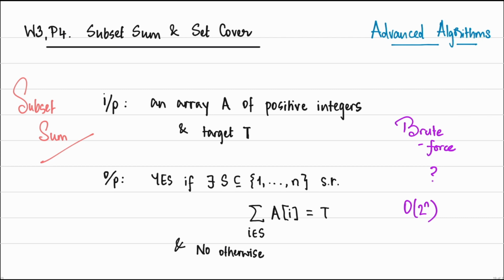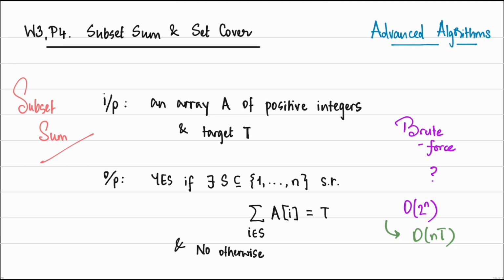You could probably optimize this a little bit and not try all of them, but it's still going to be something that looks like it's going to take exponential time. So our target here will be to come up with a dynamic programming based solution that improves this running time to n times t, where t is the given target.